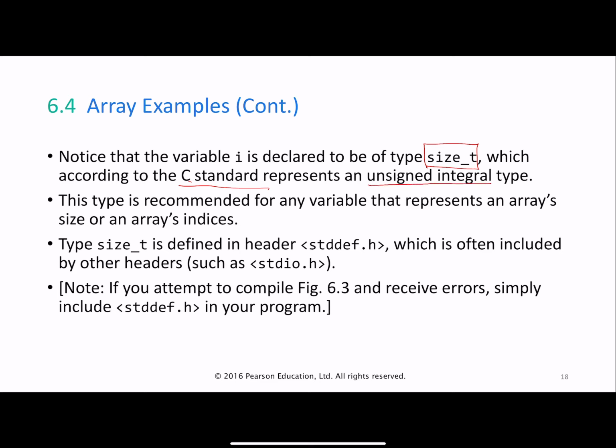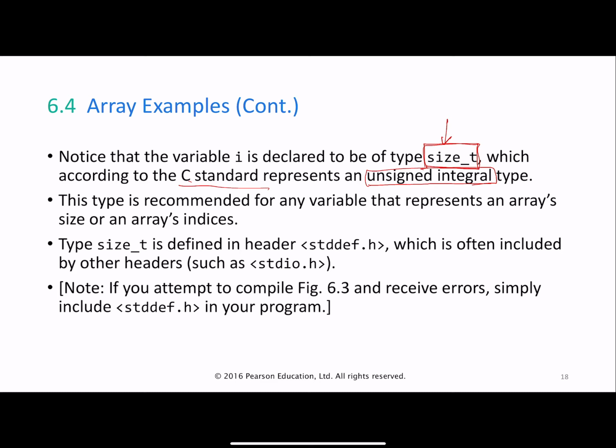Now, this is slightly different from an unsigned integer in the sense that you can store as large a number in it as you can possibly use to create the largest possible array for your system. So basically, in situations where an unsigned integer may or may not be able to store a large enough value to store a huge sized array, size_t can store that number.